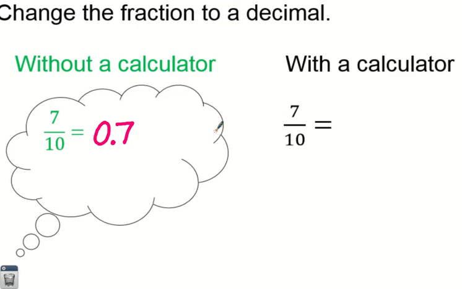The one I'm using right now, if you look for the F and then the double arrow, or the arrows D, or D arrows F, that's going to convert back and forth between a fraction and a decimal.